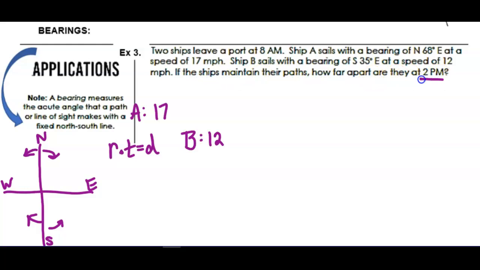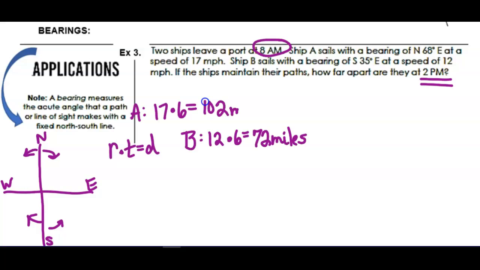How far apart are they at 2 p.m.? So from 8 a.m. to 2 p.m. is 6 hours, right? Yes, 6 hours. So if time is 6 hours for both of these, 12 times 6 is 72 miles this ship has gone, and 17 times 6 is 102 miles this ship has gone.